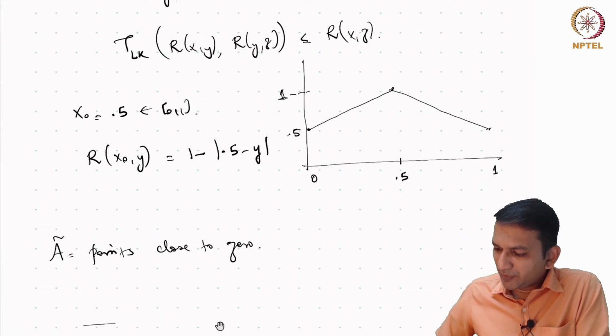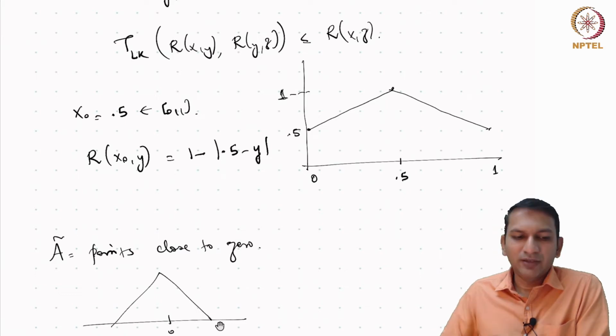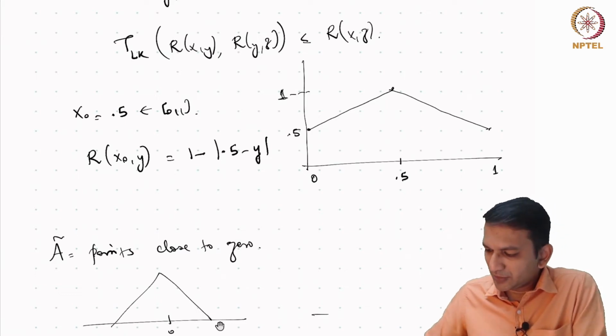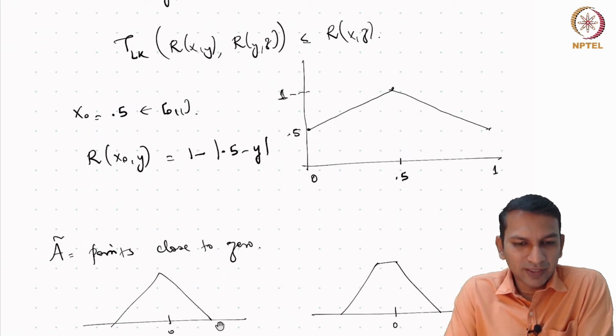And what did we come up with? We came up with such a triangular function. Perhaps in some cases we even may have had a trapezoidal kind of fuzzy set.